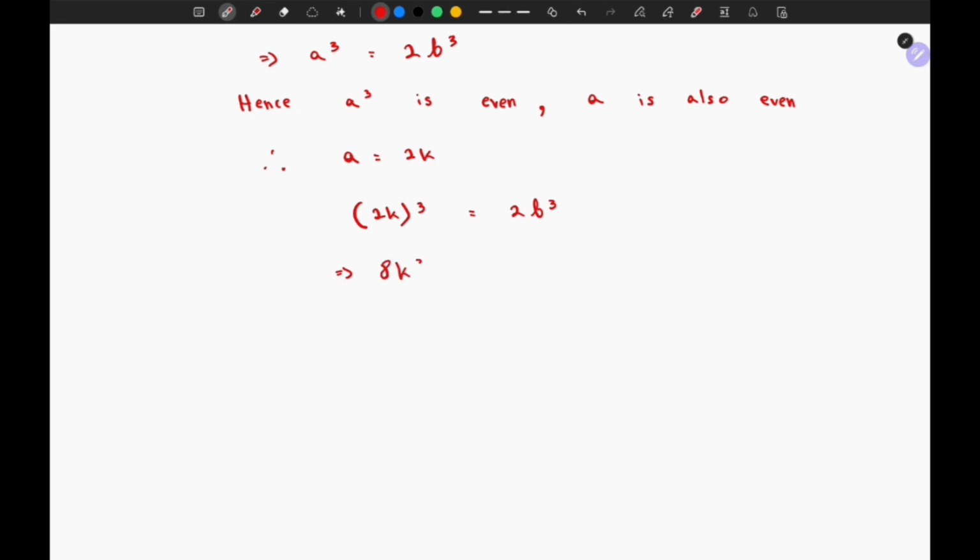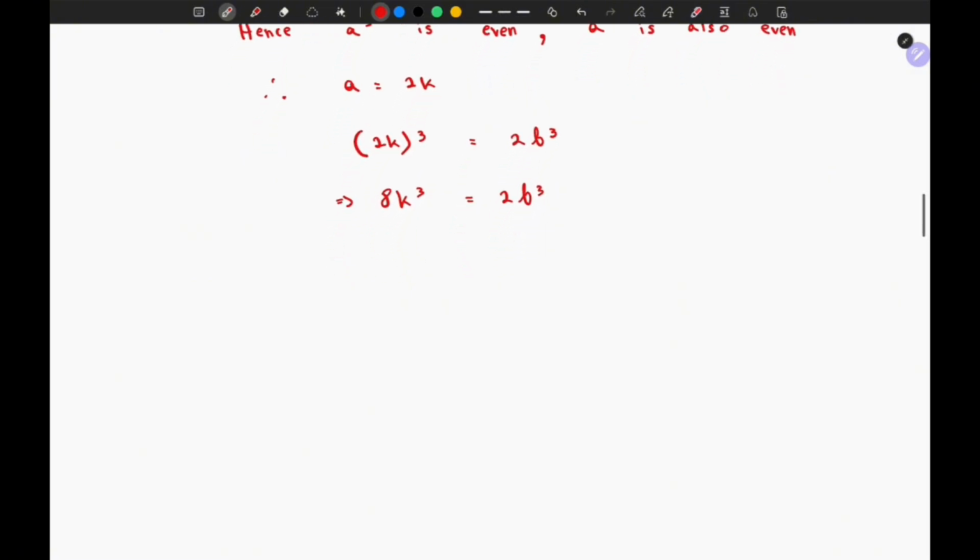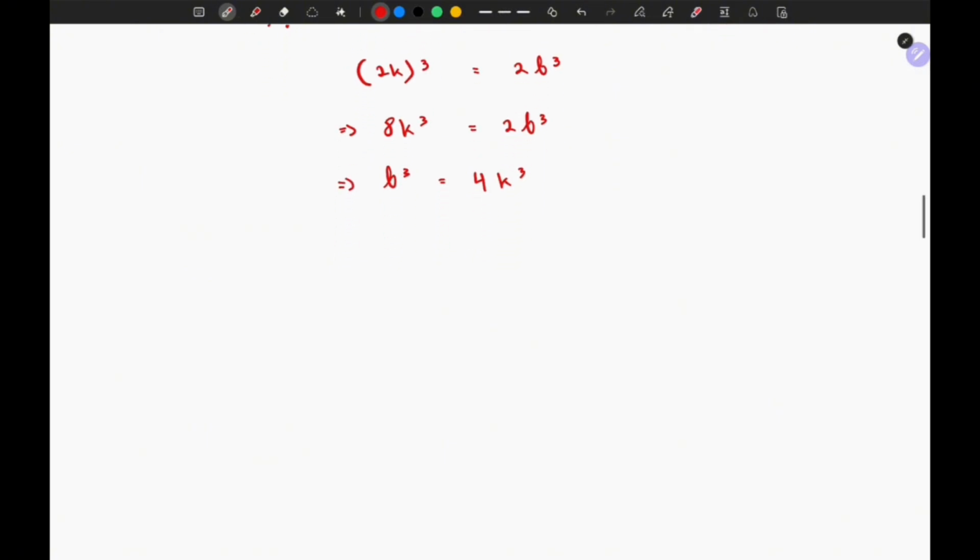So this is 8k cubed equals twice of b cubed. So now we can write b cubed as 4k cubed. Now we can say that b cubed is also even.